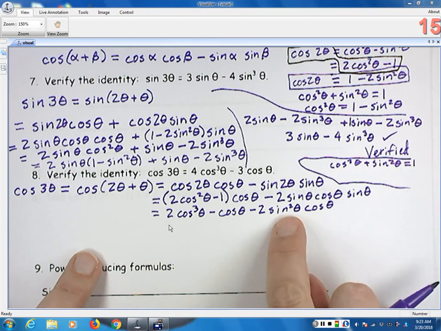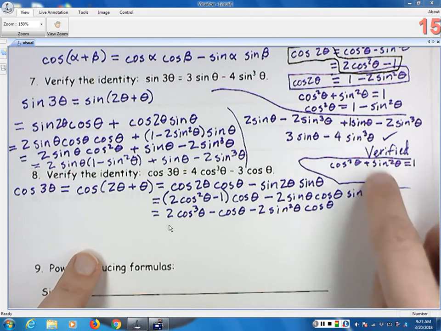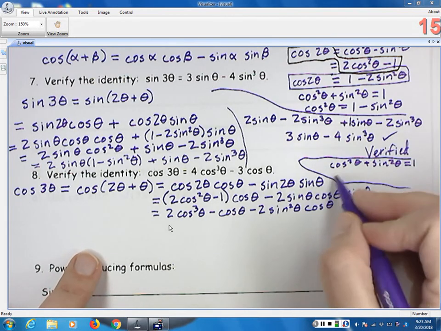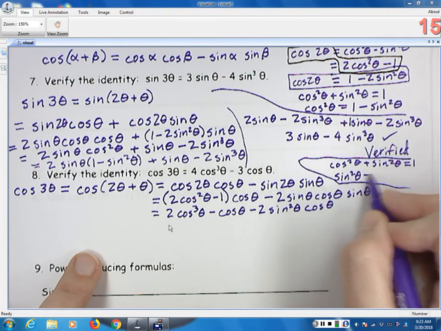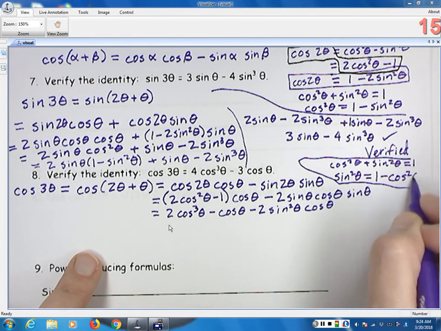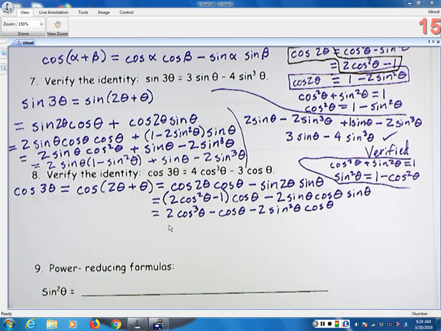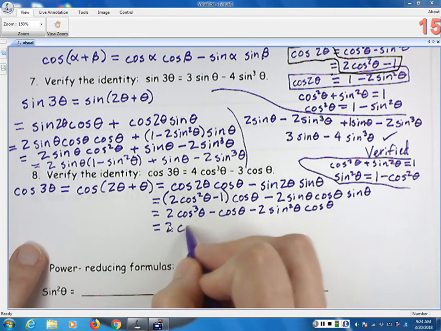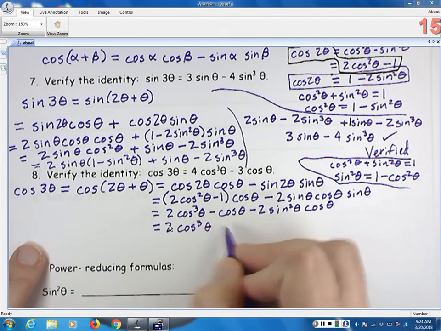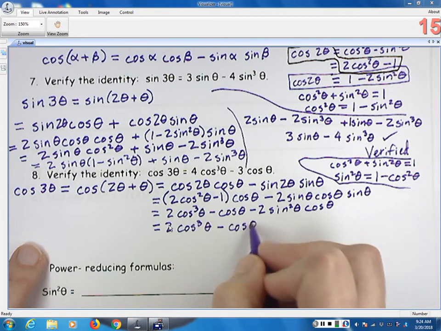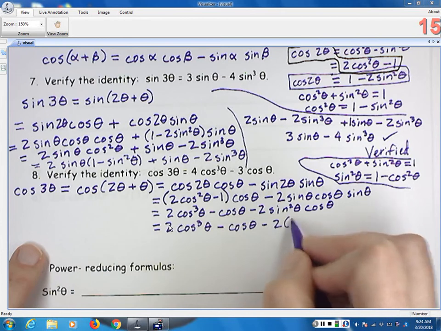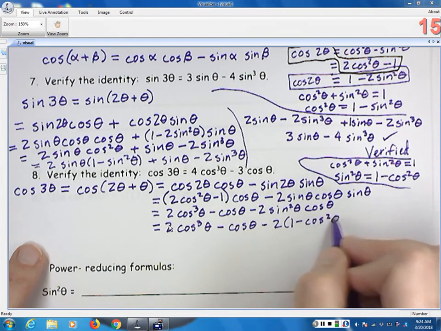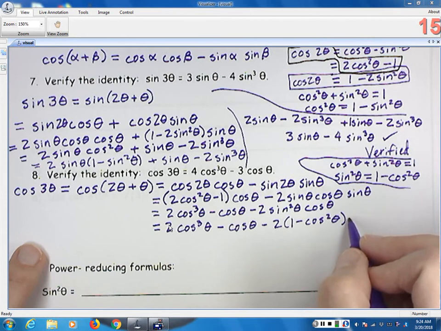We subtract the cosine squared, so sine squared theta equals 1 minus cosine squared theta. We're just trying to get everything in terms of cosine because our right side has all cosines. That equals 2 cosine cubed theta minus cosine theta minus 2 times 1 minus cosine squared theta, and then that's times cosine theta.